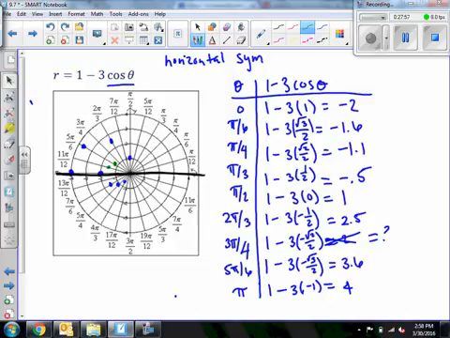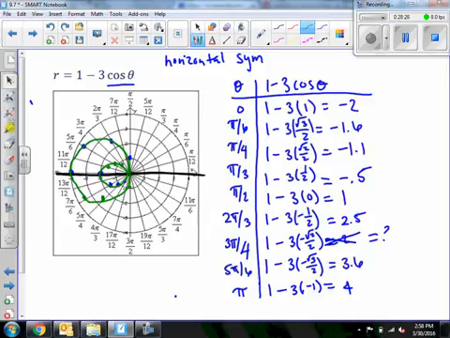Draw my symmetry in. And this should look something like this.